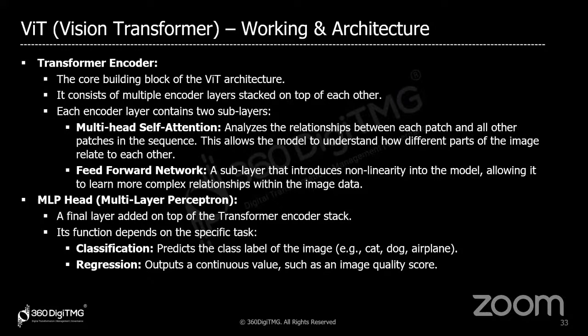Then comes our multi-layer perceptron. The multi-layer perceptron is a final layer added to the top of the transformer encoder stack. Its function depends on the specific task. For example, for classification, it will predict the class label: this image is a dog, a cat, a building, an airplane, likewise.